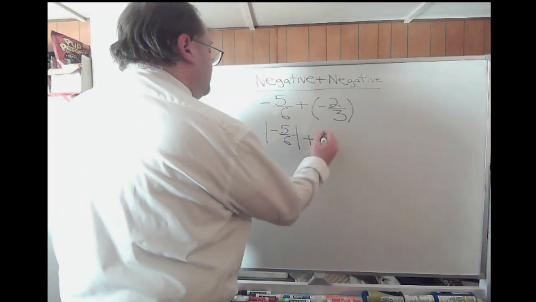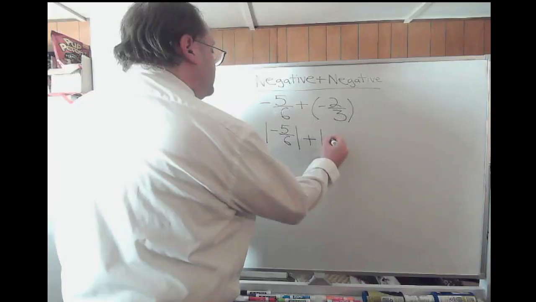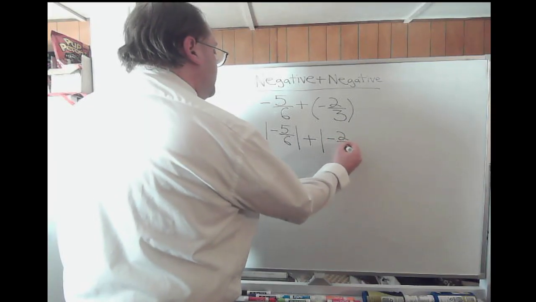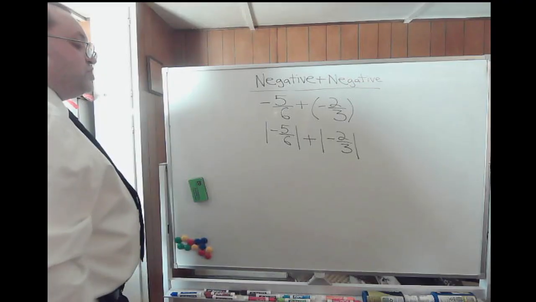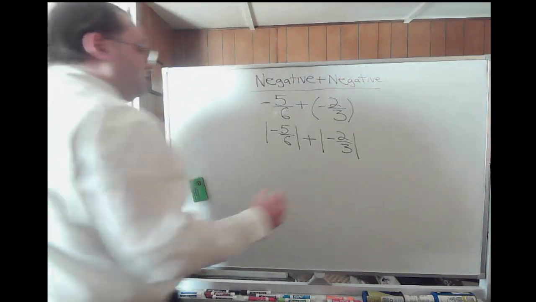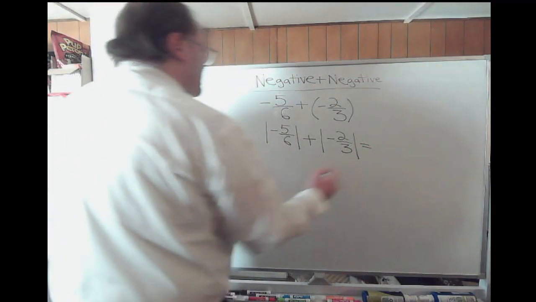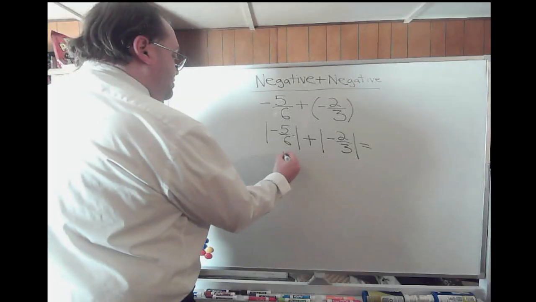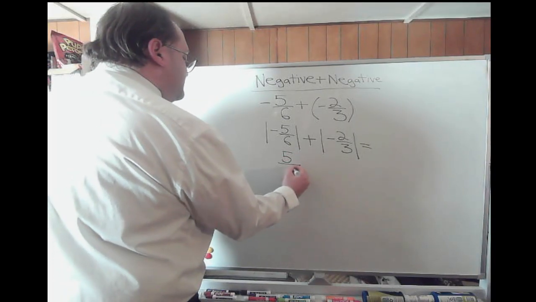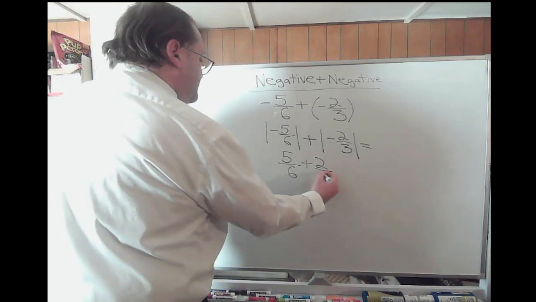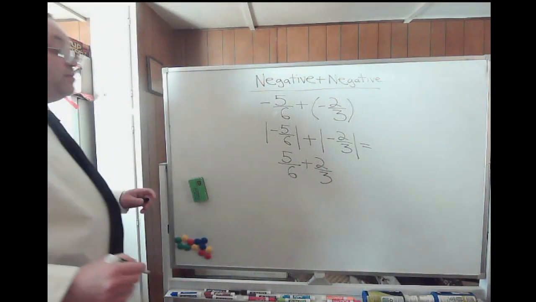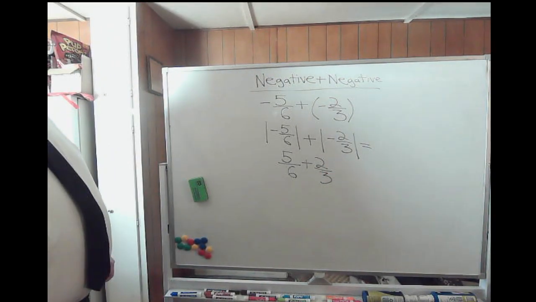You'll have the absolute value of negative 5/6 plus the absolute value of negative 2/3. Okay? What you're going to do next, of course, take their absolute values. You'll have positive 5/6 plus positive 2/3. Now we're adding fractions. They don't have the same denominator.